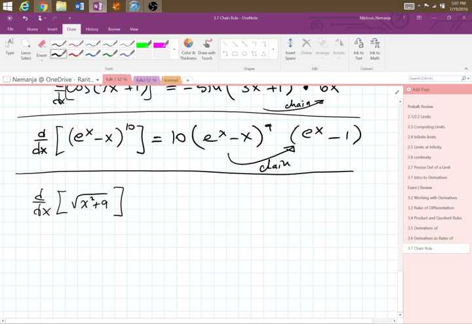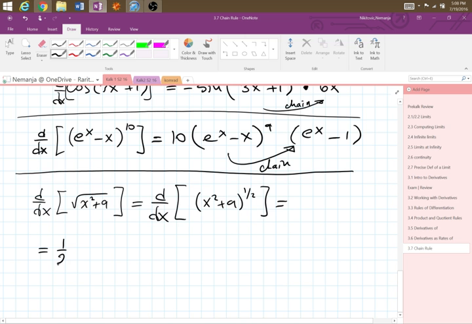Yeah. So the outer function is the square root of x, which is x to the 1/2. So we can rewrite this as the derivative of (x squared plus 9) raised to the 1/2.